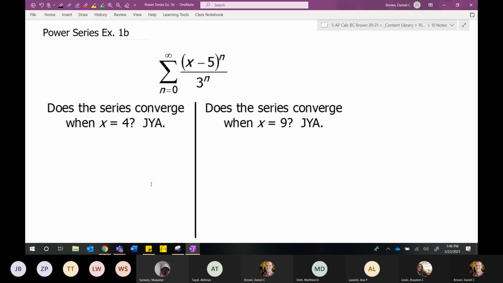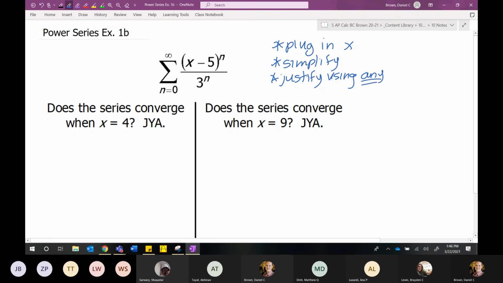So when we're doing it with a certain x value, the steps are: plug in the x, simplify, and then justify using any convergence or divergence test.